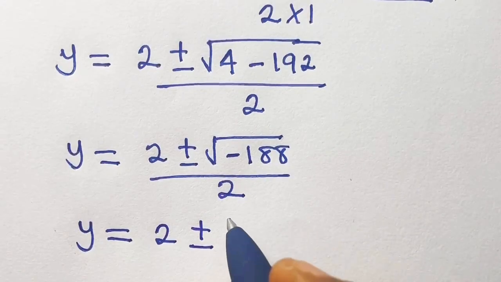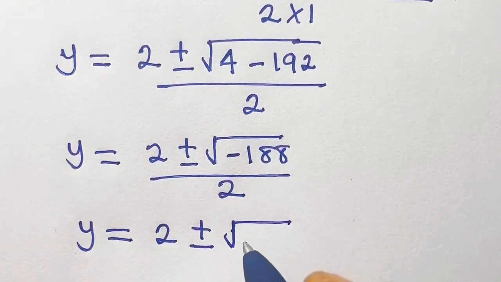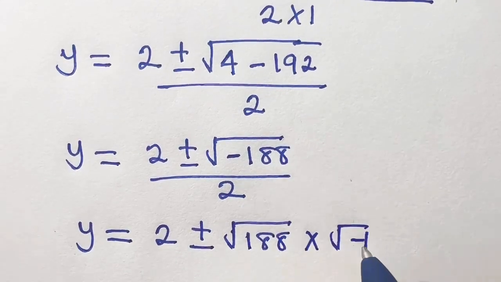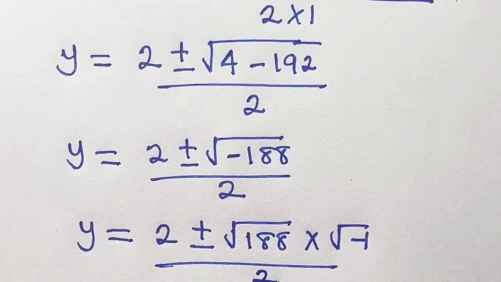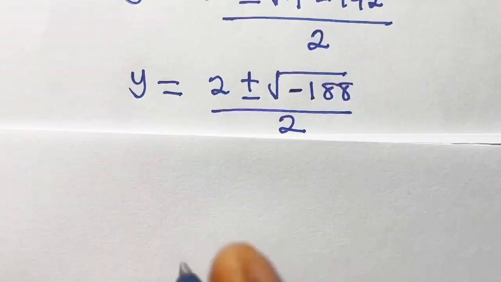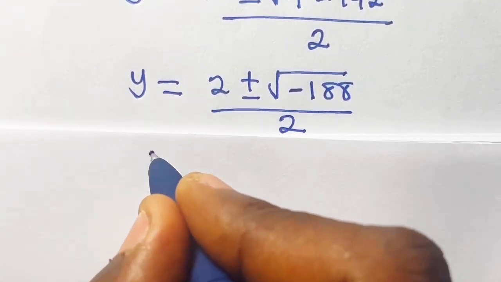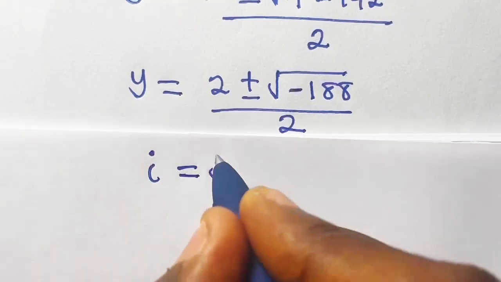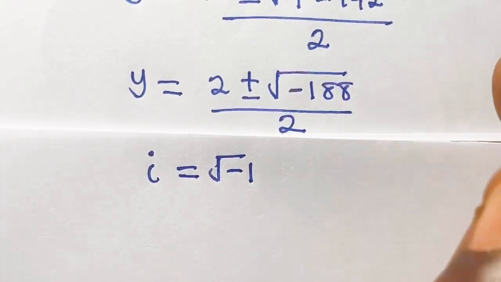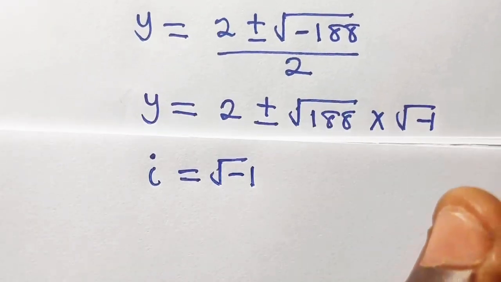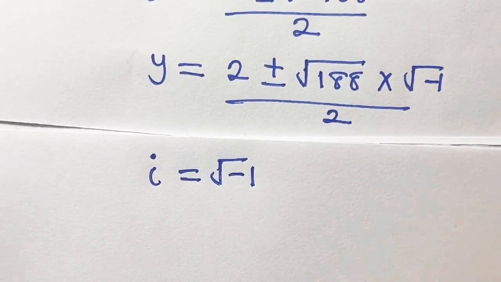So then we have y equals 2 plus or minus. Let's do something interesting here. We'll have square root of 188 times square root of minus 1, divided by 2. But guys, let's recall that i, which is iota, equals square root of minus 1. So let's not forget this is where we are.